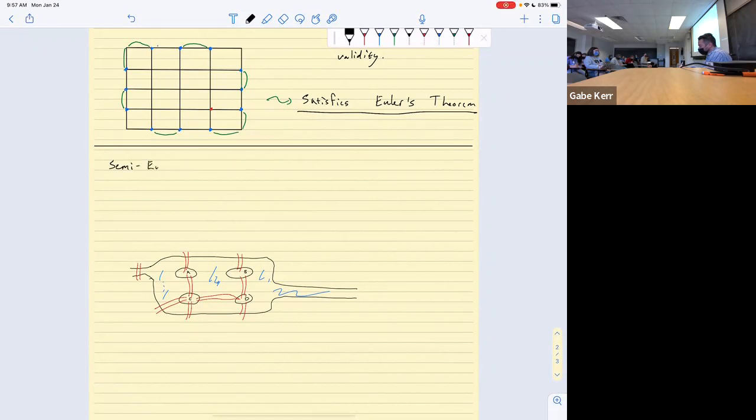Semi-Eulerizing is the same thing as Eulerizing, except here we want to add edges so that Euler's theorem for paths is satisfied. Eulerizing is really for circuits. Semi-Eulerizing is for paths.